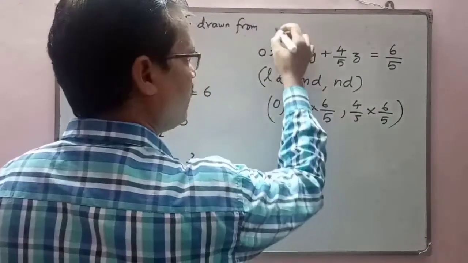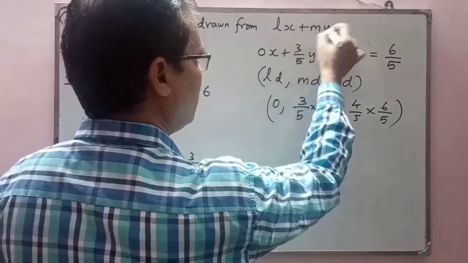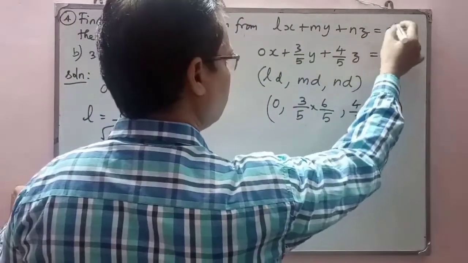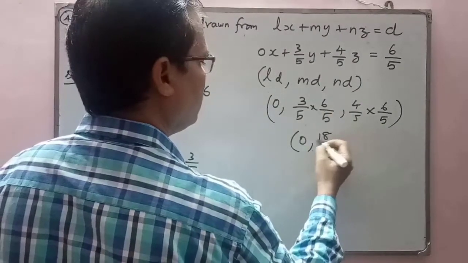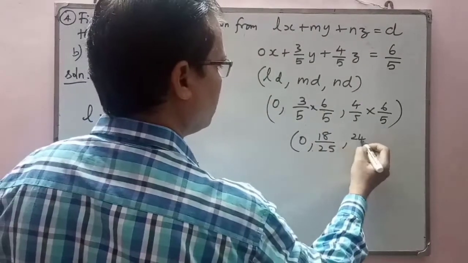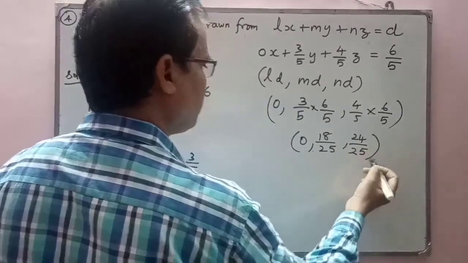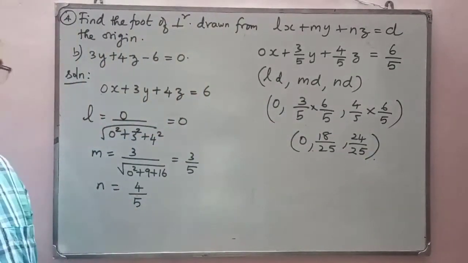Do you remember the normal form? lx plus my plus nz equals d. Okay. So 0, 18 by 25, 24 by 25. This is the foot of the perpendicular drawn. This completes the solution.